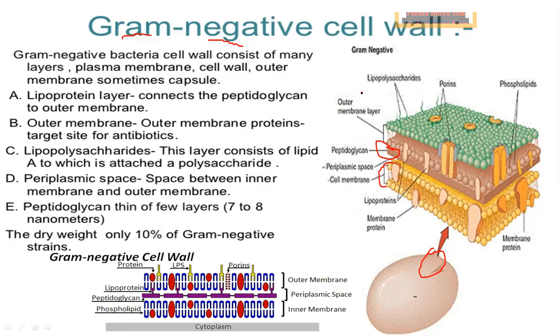Then on that we have the outer membrane layer, and that outer membrane layer has some other substances present there: lipopolysaccharides, then foreign proteins, phospholipids, as well as the space between these two layers.